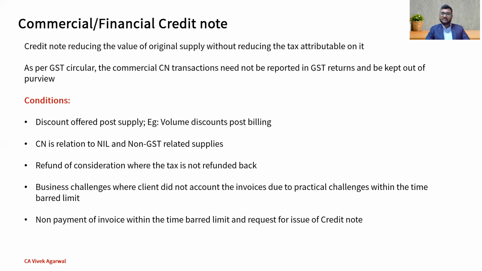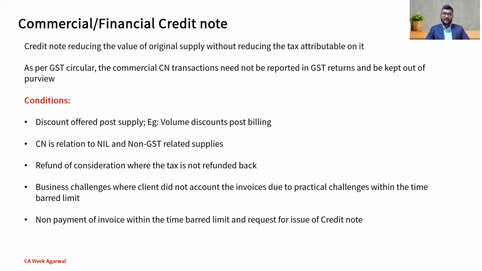Due to some practical challenges at the client's end or at the supplier's end to share the invoice, or the client is in non-receipt of the invoice, or some ERP challenges with the client, the client is not able to account the invoices within time. Therefore, my invoices become time barred, and this again invokes the section of commercial or financial credit note.